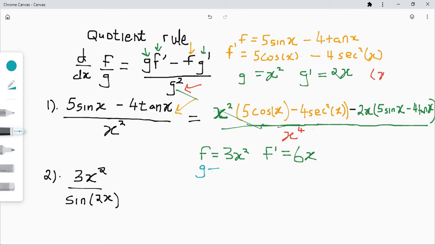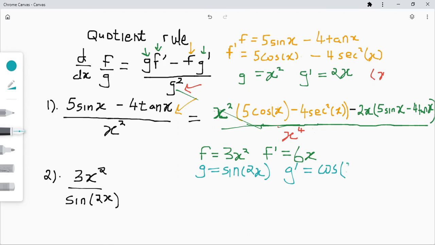We pick our g. G equals sine 2x. Then g prime: the derivative of sine is cosine, so it's cosine 2x.